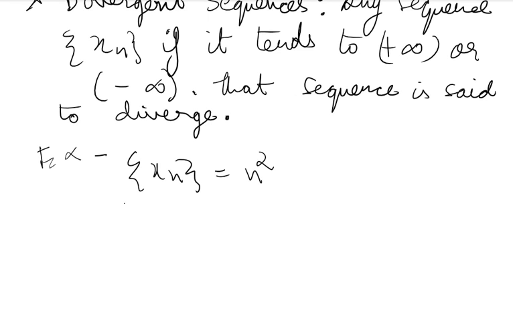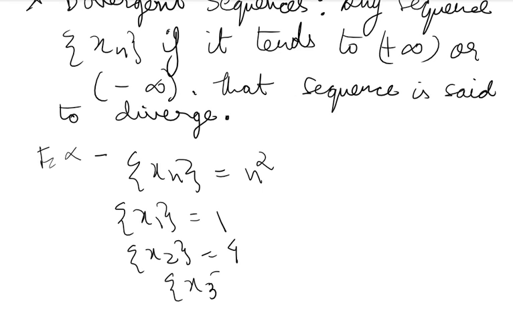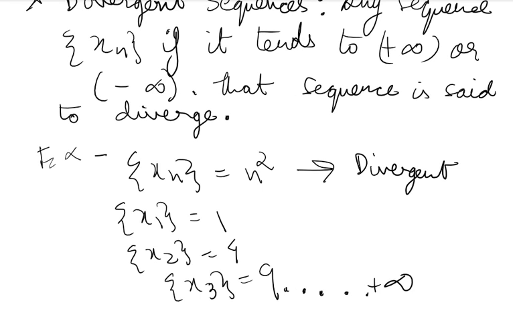Let's start putting some values. x of 1 is 1, x of 2 is 4, x of 3 is 9, and so on, right until positive infinity. So this sequence is a divergent sequence.